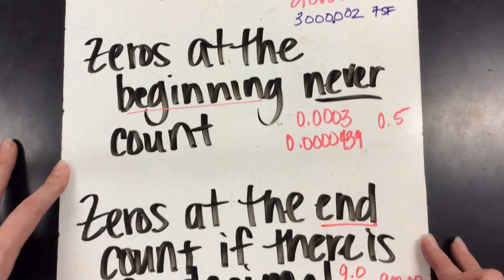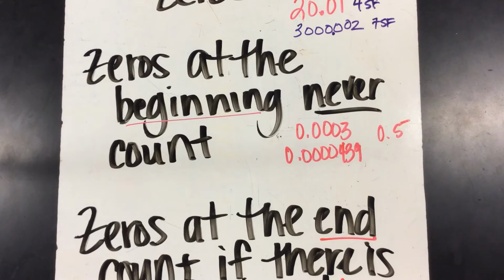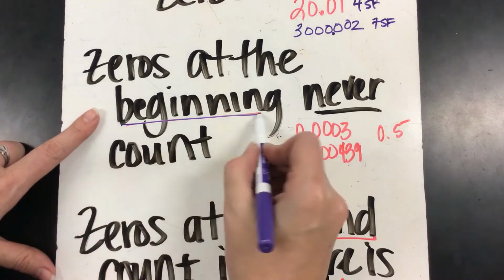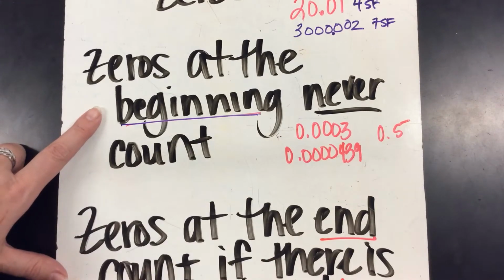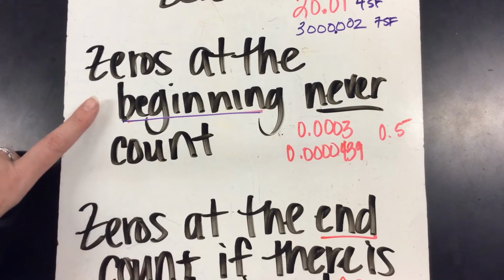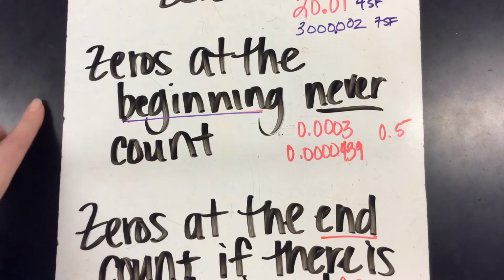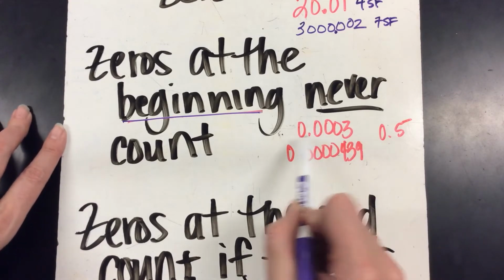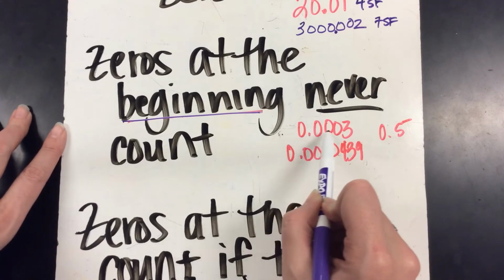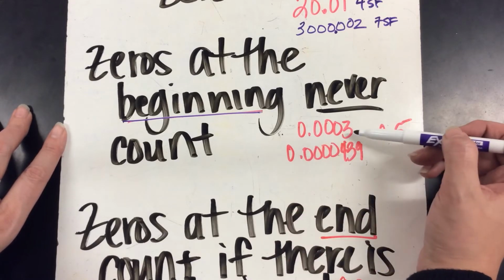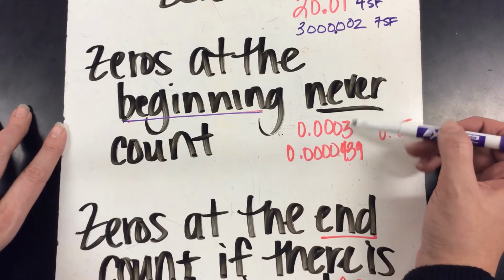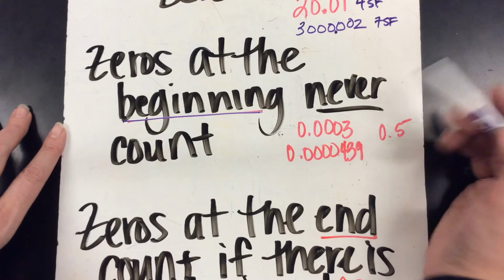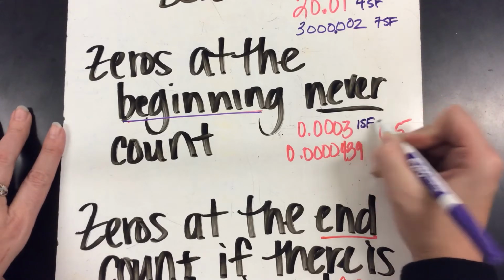Now the next 2 rules are the zeros at the beginning of a number and the zeros at the end of a number. If we have zeros at the beginning of the number, they never count. All they are is placeholder zeros to show how small those numbers actually are. So we take these zeros and we just skip over them. The first number that we count is this 3 right here. That number has 1 Sig Fig.